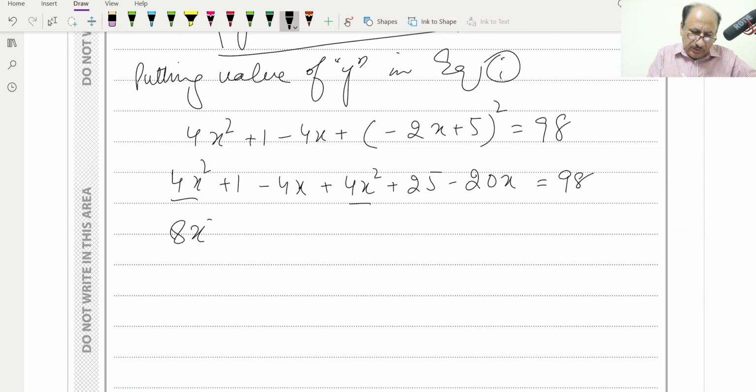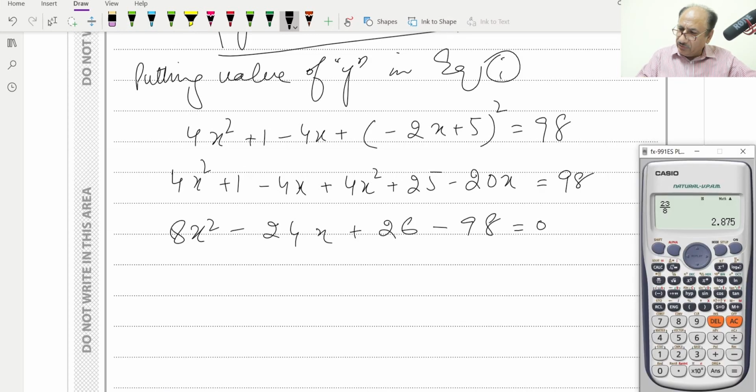This will be 8x squared, and x terms will be minus 24x, then plus 25 plus 1, so 26, and minus 98 is equal to 0.